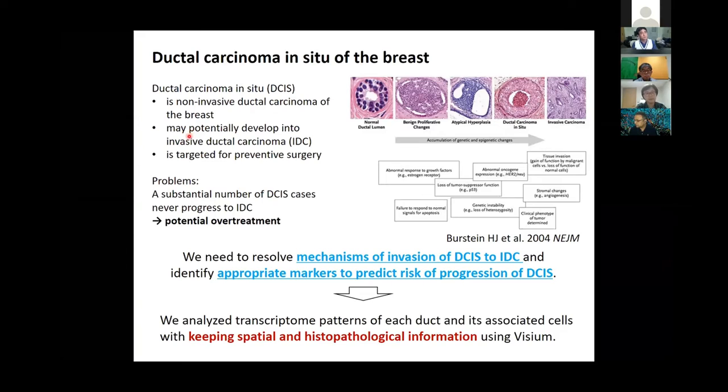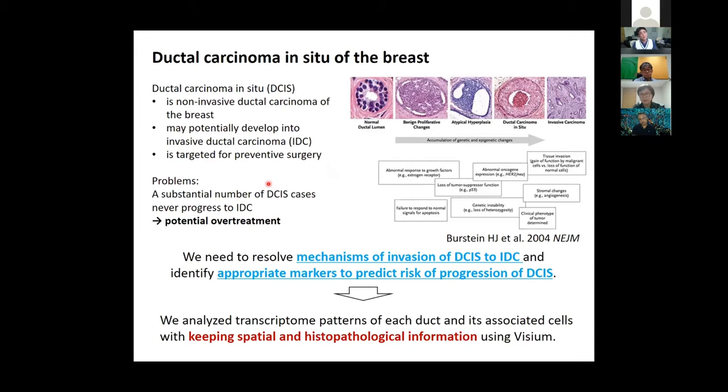And there is a chance that the DCIS may potentially develop into invasive ductal carcinoma. So currently the first choice is the surgical operation, and maybe its target is preemptive surgery.